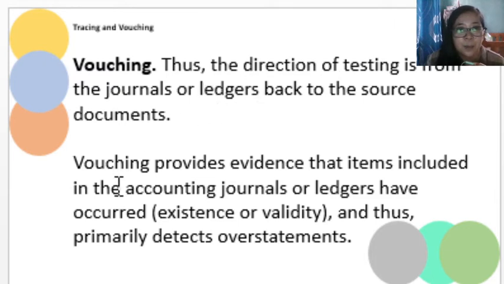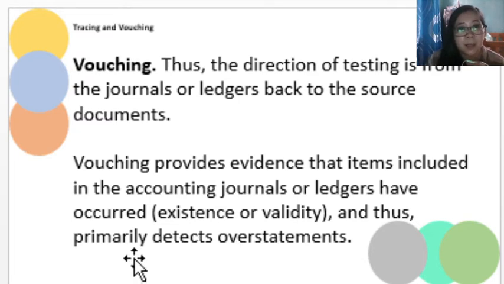In vouching, this provides evidence that items included in the accounting records have actually occurred. In this case, it will satisfy the existence or validity assertions of the entity, if indeed those items recorded in their books really did exist, and if there are supporting or source documents that also exist.